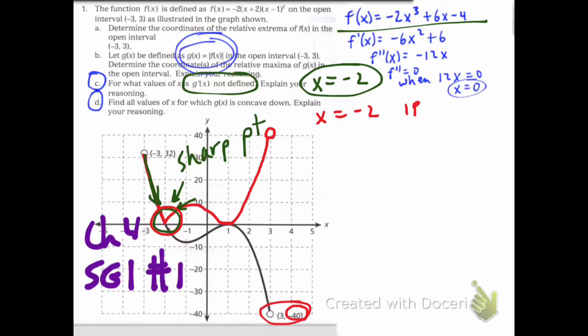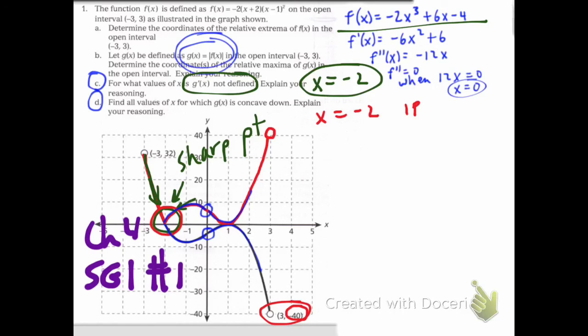So when x is equal to 0, we can see from the graph that the concavity changes from concave up on f to concave down, right there at 0. And therefore, the graph of g would change from concave down to concave up, right there at 0.